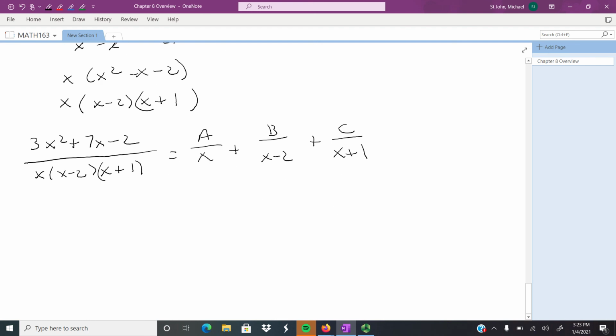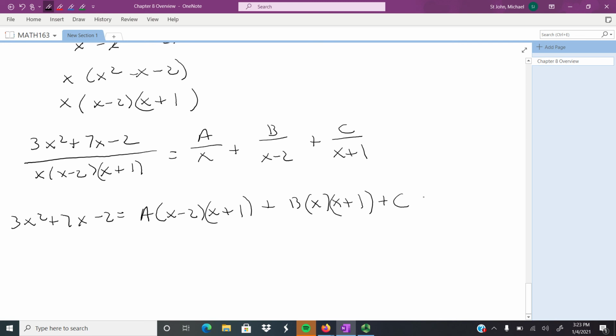Right? So that would mean that 3x squared plus 7x minus 2 is going to equal a times x minus 2 times x plus 1, plus b times x times x plus 1, plus c times x times x minus 2.